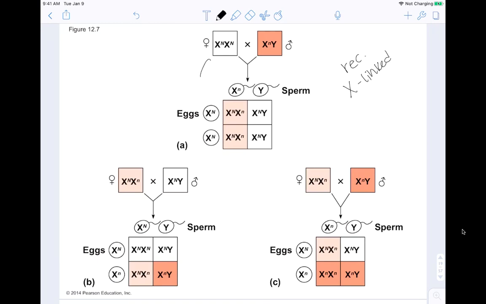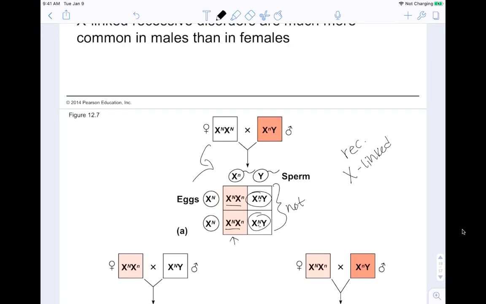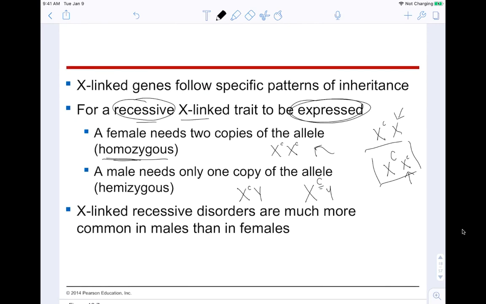Then when they have offspring, you can see here that these are females, and these are our males. Both of the males have a capital, so they are not affected. Whereas these females only have one copy. And remember, we said that they had to be homozygous, and these are not homozygous.